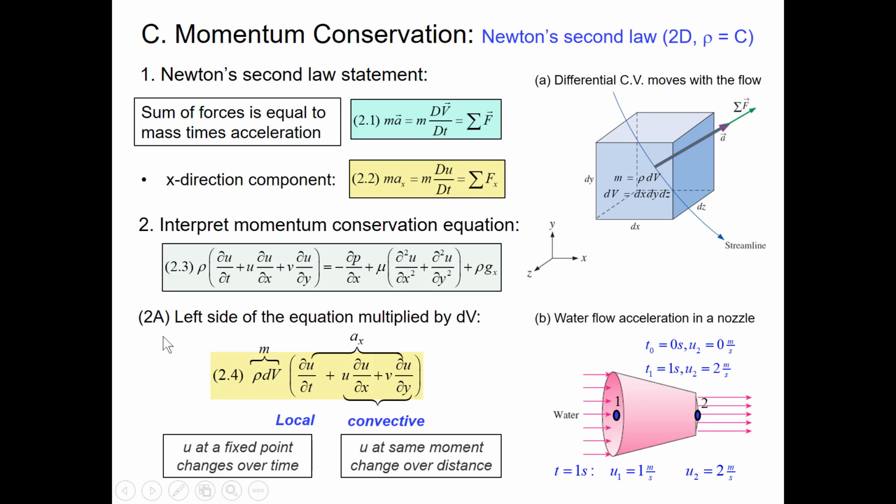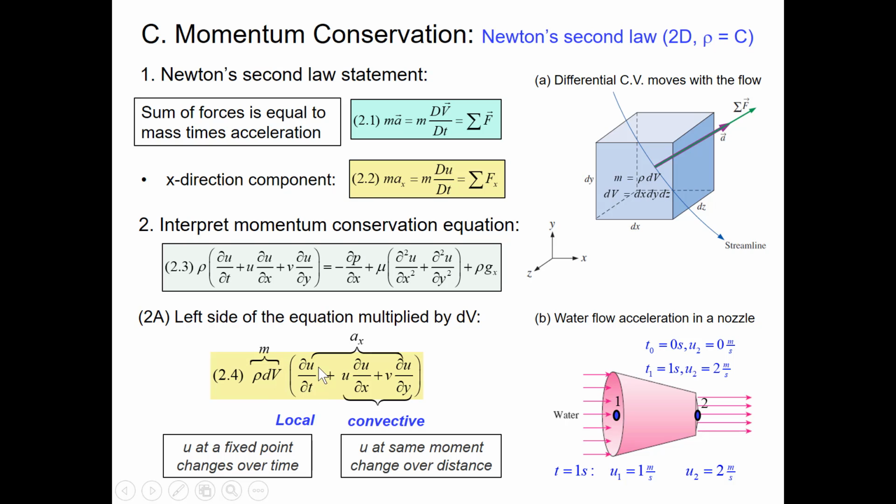First, let's examine the left side of equation 2.3 after it is multiplied by the differential control volume dV. 1. Density times control volume dV gives mass.